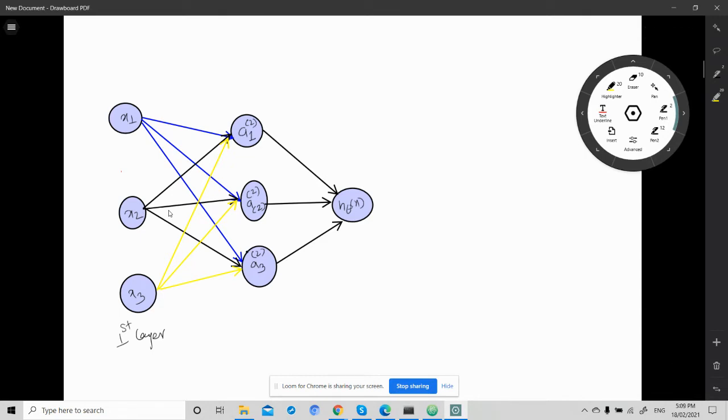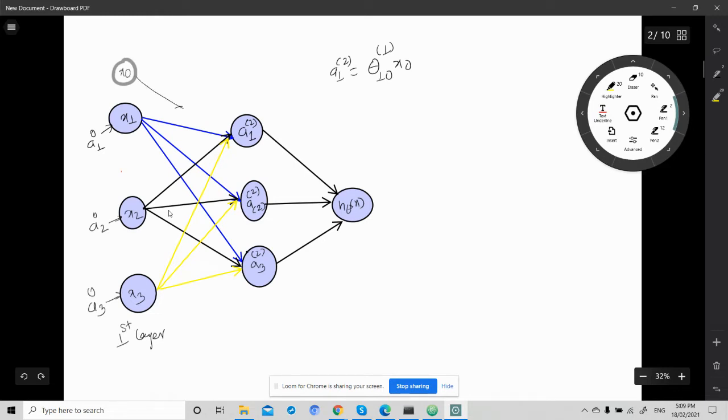So we can even denote this as my a0 layer first unit, this is a0 layer second unit, this is a0 layer third unit. How we compute a1 of the second layer is: this is my theta 10 times x naught, which is connected with this.